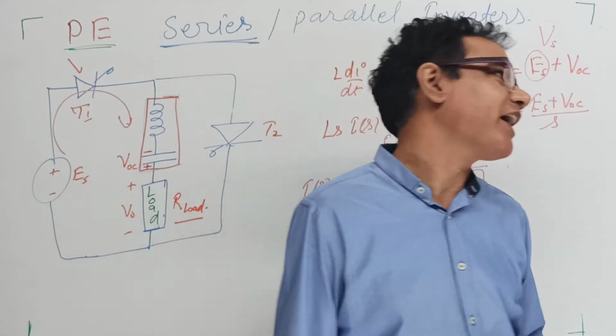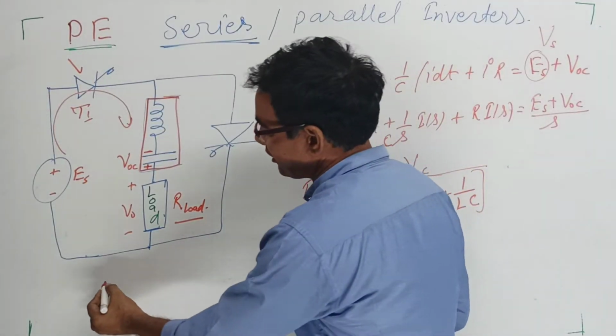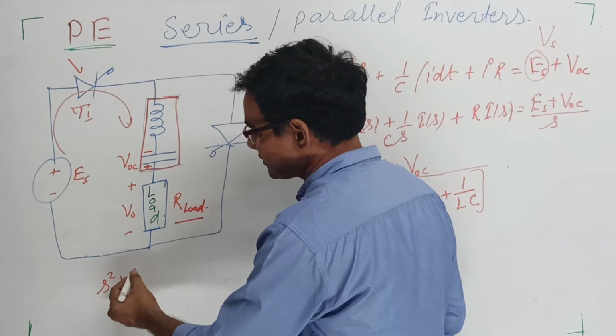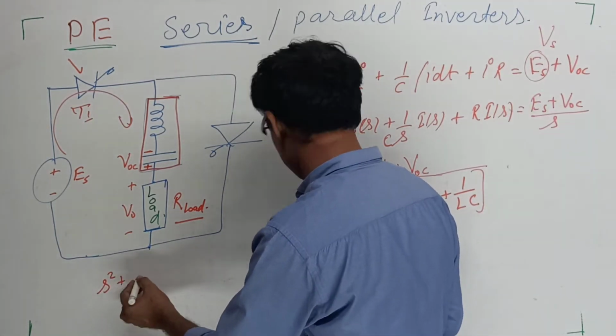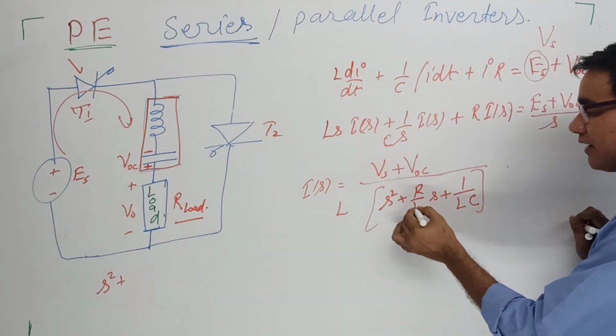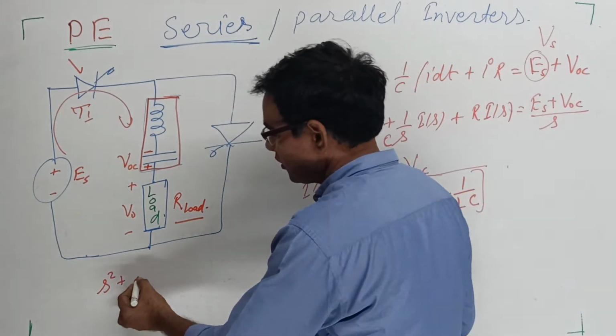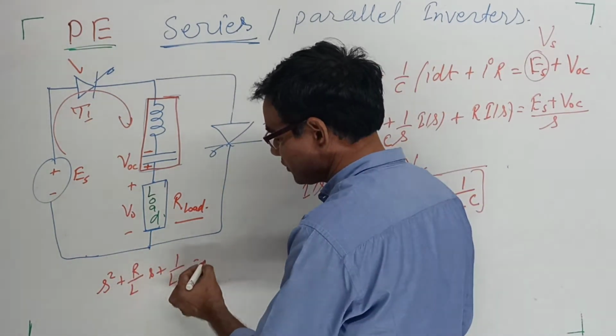The damping factor we will also find out finally, how we will find out the value of that. So s square plus, not L upon R, R upon L, s plus 1 upon LC is equal to 0.